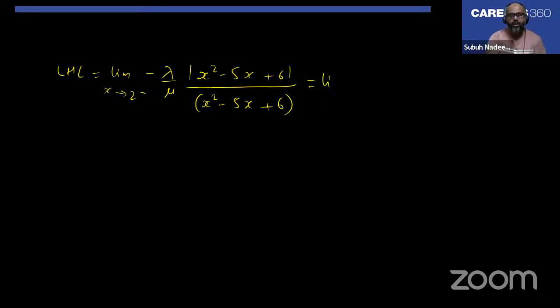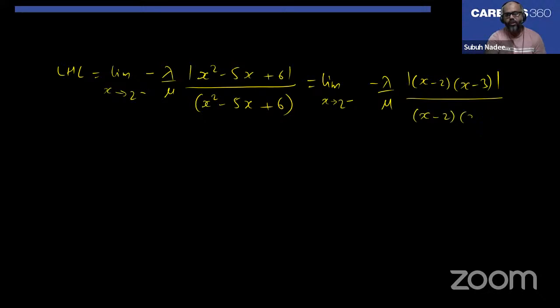Now this can be written as limit x approaching 2, minus lambda by mu, and if you do the middle term splitting here, you will get x minus 2 into x minus 3 as its two factors, mod of this, and here also x minus 2 into x minus 3.